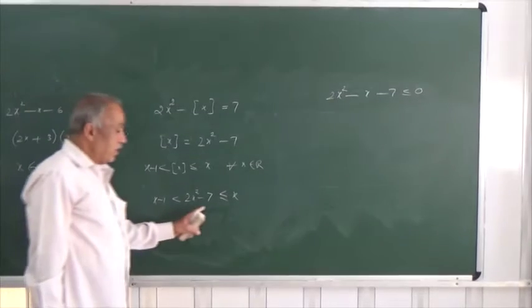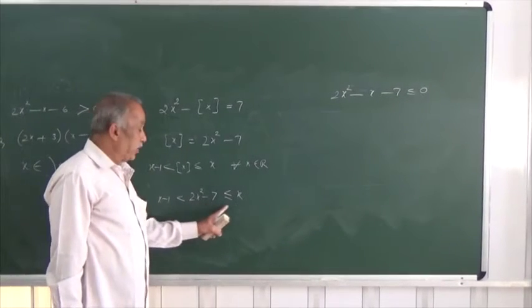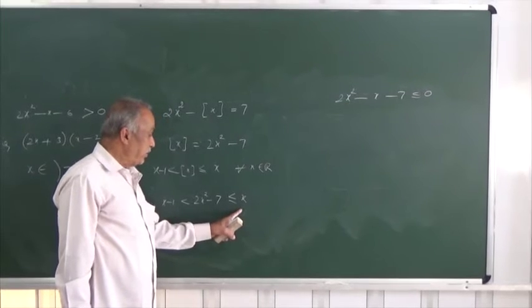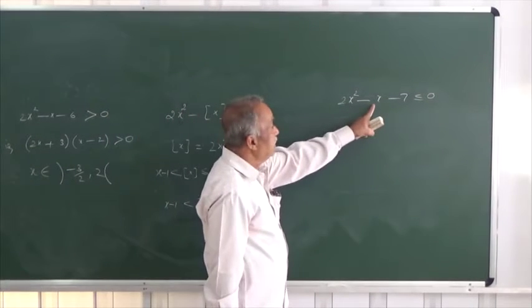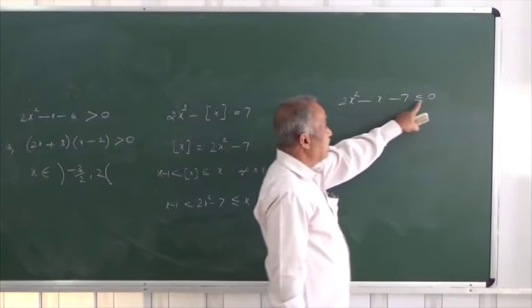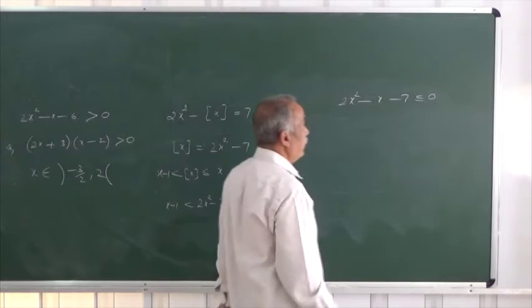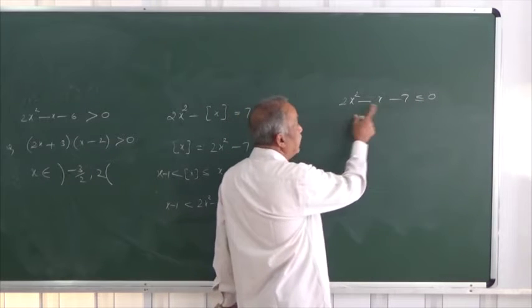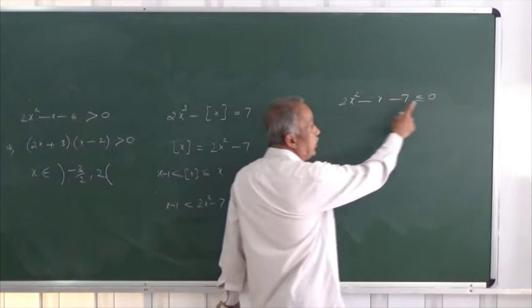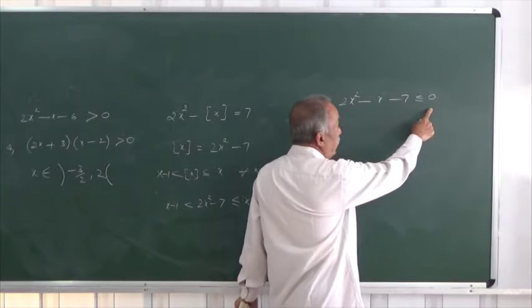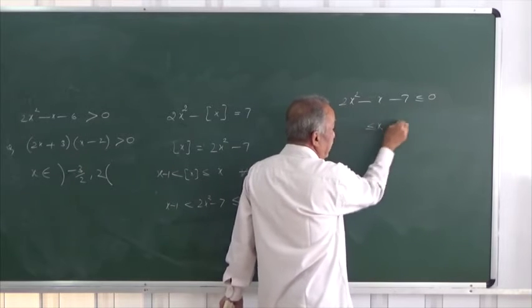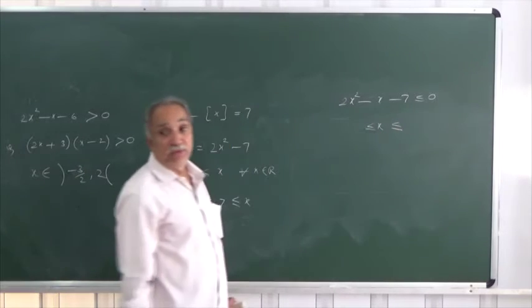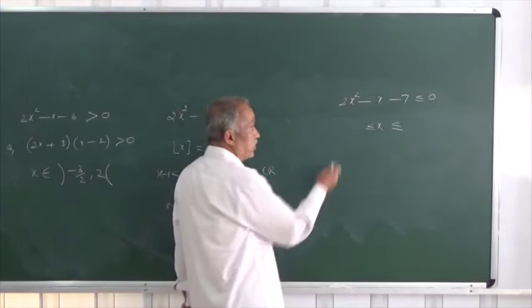Okay. Now let me consider the next part of the inequality, that is 2x square minus 7 less than or equal to x, which means 2x square minus x minus 7 less than or equal to 0. I want a quadratic with the x square coefficient positive to be less than or equal to 0. This happens when x lies between the roots of the equation. What are the roots?